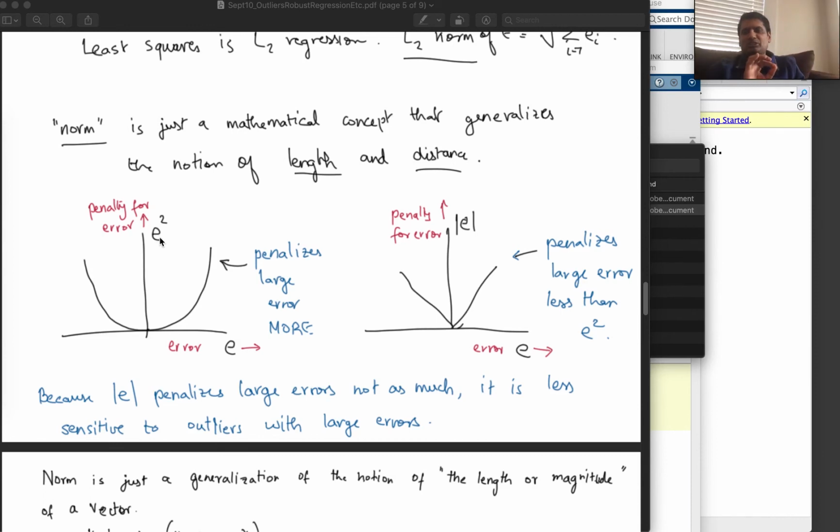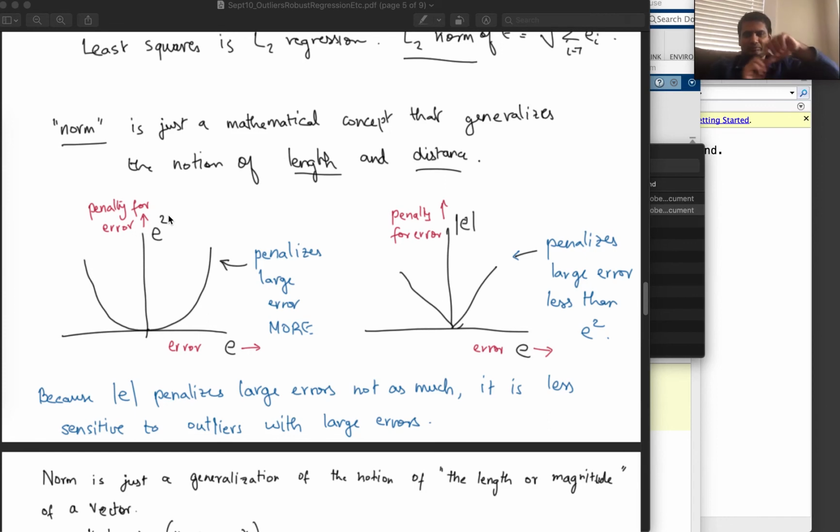Because we are squaring the error, that far away outlier has a disproportionate effect on the regression, right? If you draw a best fit line that passes through the non-outlier data, the outlier data will have a huge error, and squaring that will have an even bigger error. So you pull the whole regression line up to minimize that large error.